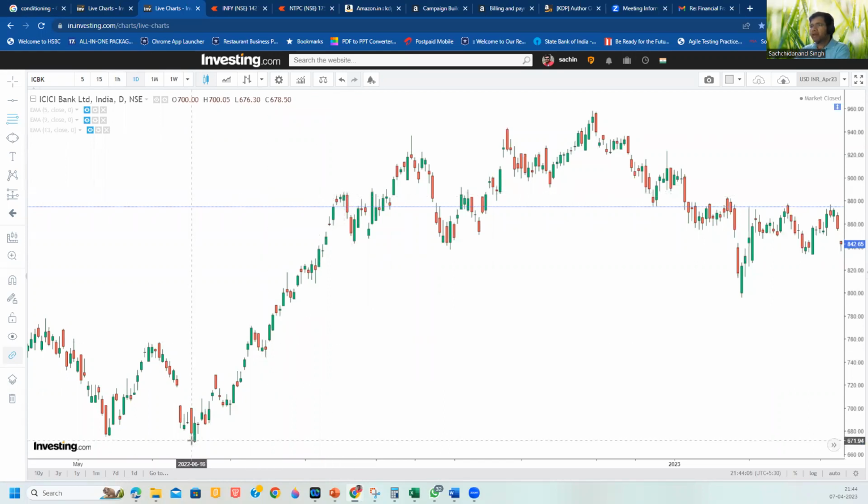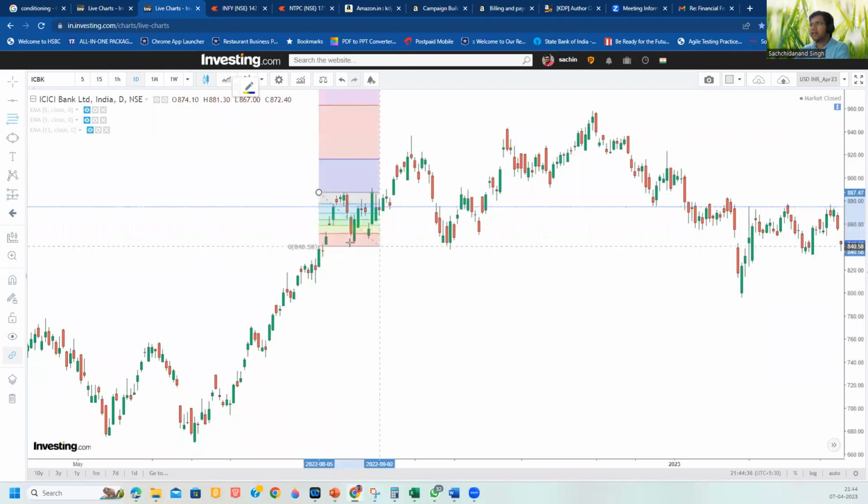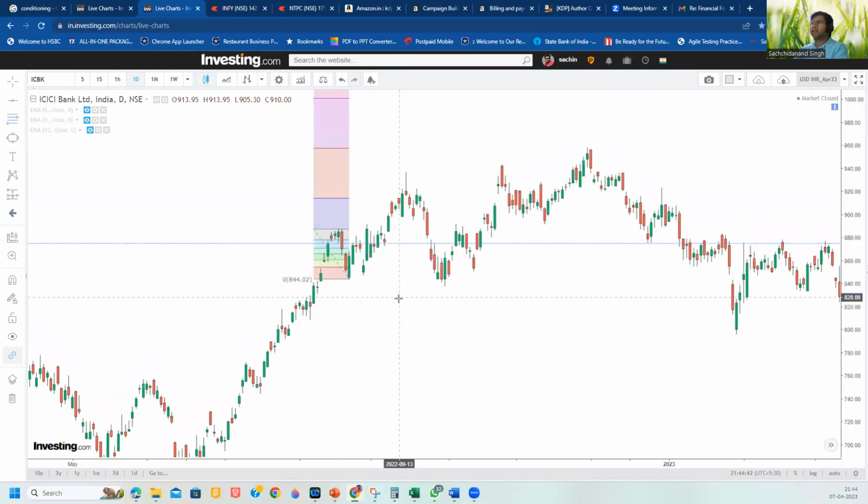From here down to this place, this is the area where the retracement is happening for the first time. So you need to do the first click at the top level of this price point. I'm clicking here, doing my first click. The next click I will do at the price point till where it fell down. I can click here also. So my fib retracement has been plotted.